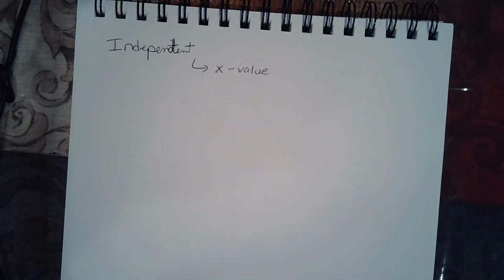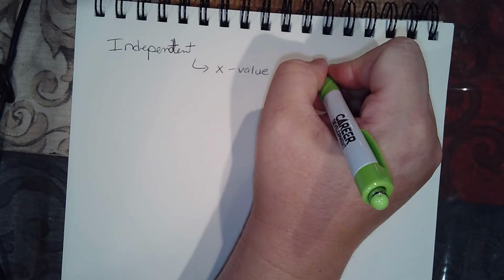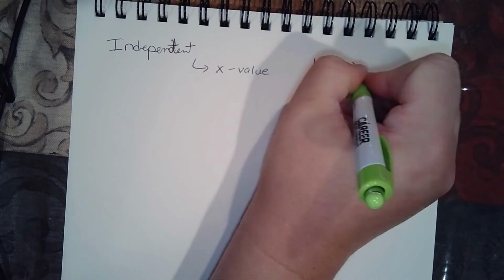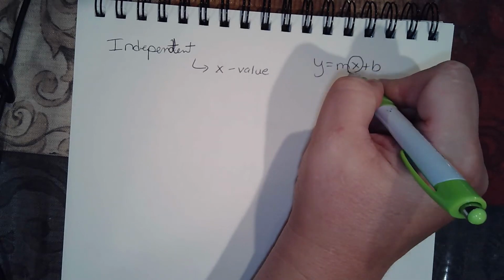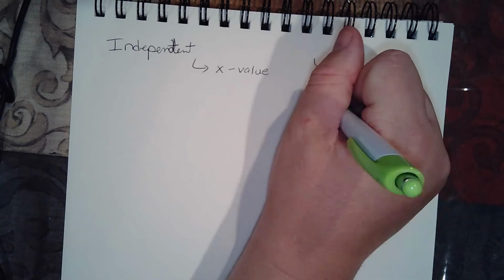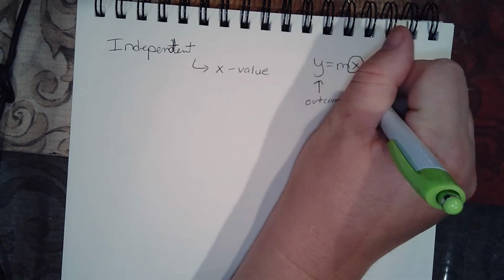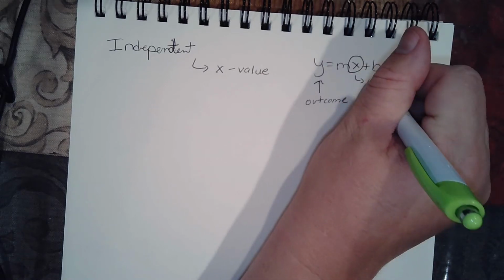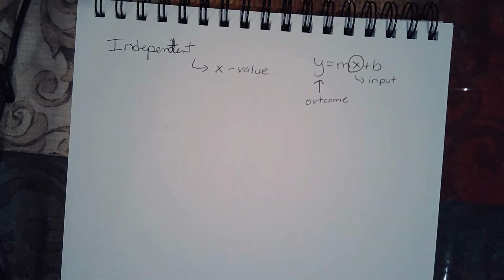When you have your equation, we call this our slope-intercept form, y equals mx plus b. You are going to learn that this x is the driving force of the equation. The y is just the outcome. So you're going to learn this is called input and outcome. They also call it output, but I call it outcome because it's a result.